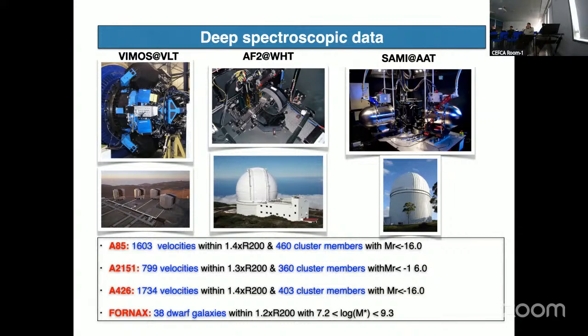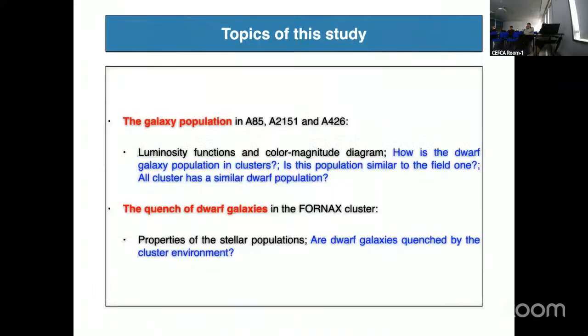This spectroscopy goes to a limiting magnitude of -16 in all of these clusters, and in the Fornax cluster we concentrated on the dwarf galaxies, with masses between 7.2 and 9.3. So the main topics I am going to tell you about are, first, the galaxy population in Abell 85, the Hercules cluster, and the Perseus cluster, focusing on the luminosity function and the color-magnitude diagram.